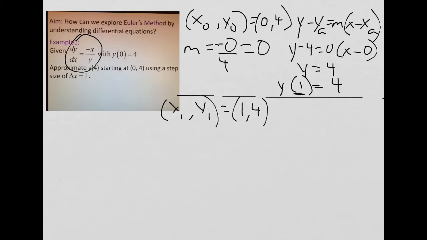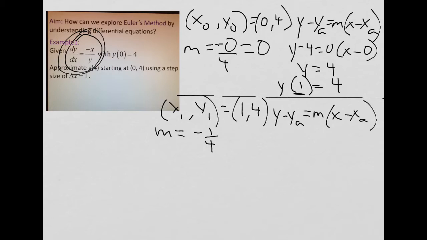So if we plug that into our differential equation to get the slope, we're getting negative 1/4. So if we plug this in, you can see why I'm also not using x1, y1.